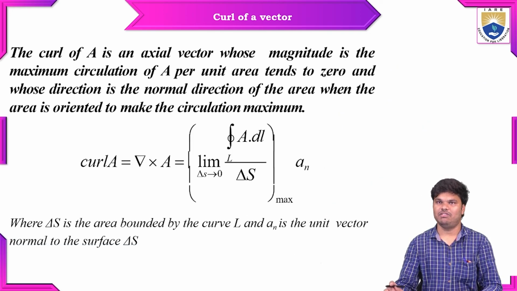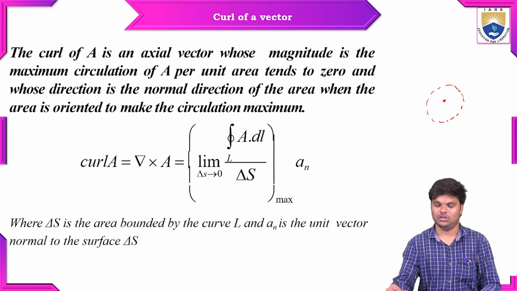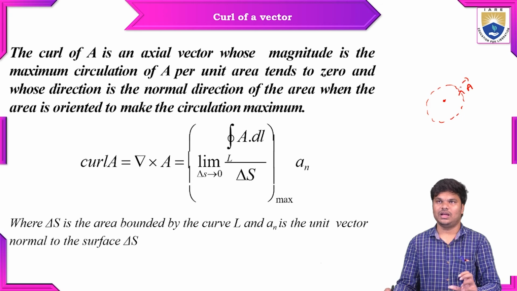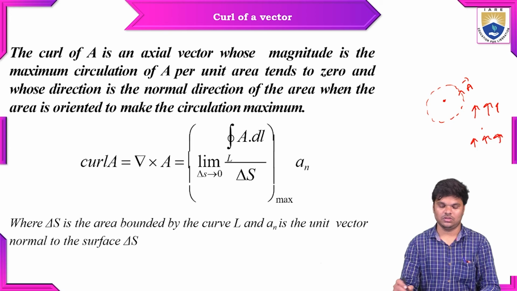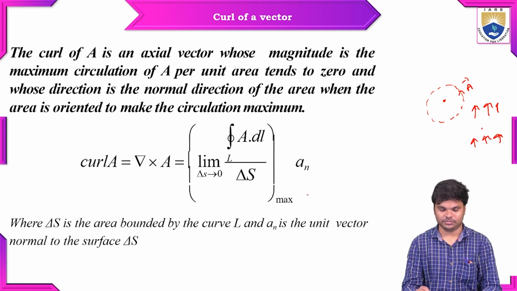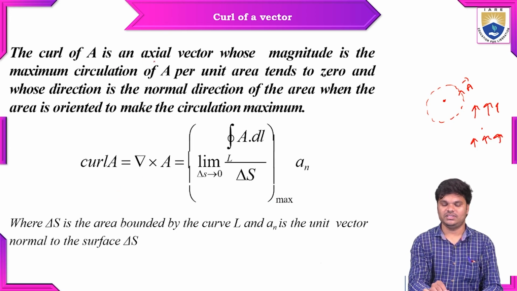And how do we find the curl of a vector? Suppose there is a point, and this vector A is in this direction. Curl means circulation. So about this point, this has some circulation. Okay. Suppose if the vector is like this, then there is no circulation. So curl of the vector is nothing but an axial vector.